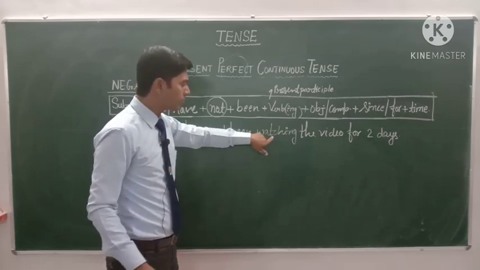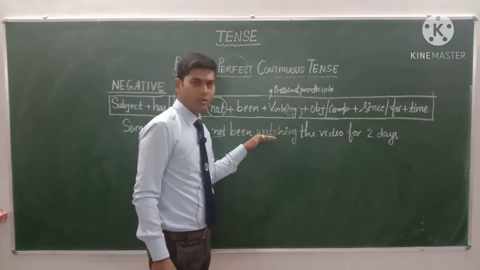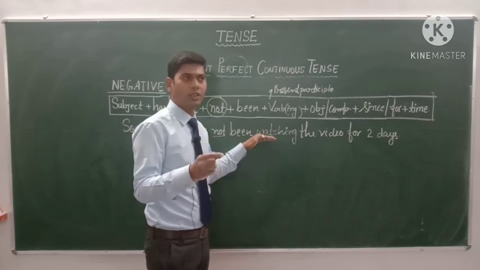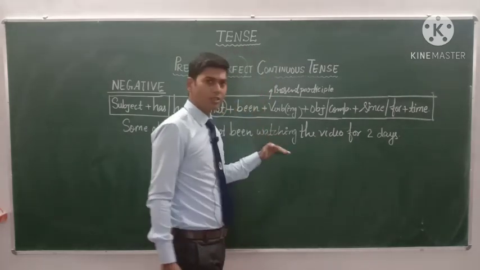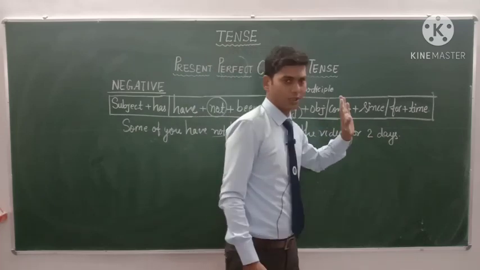What is the base form of this verb? Watch, right? Base form of this verb is watch. After that, watched, and then watching. Watch, watched, watched, and ing form is watching the video for 2 days.